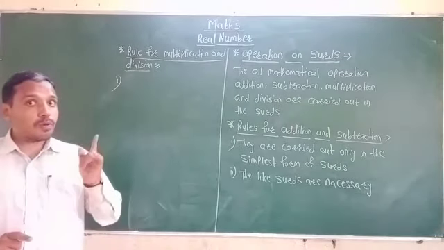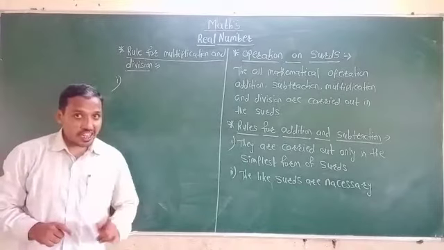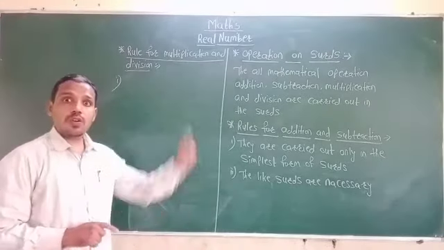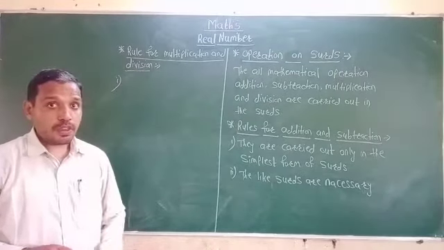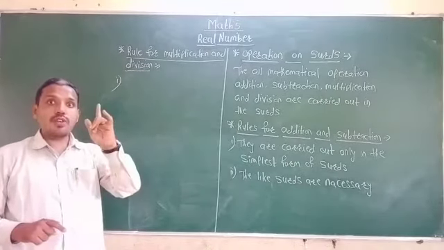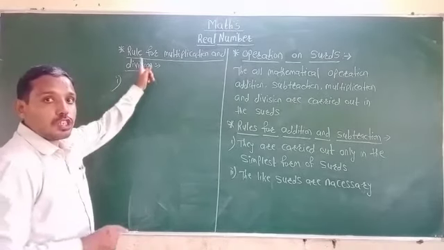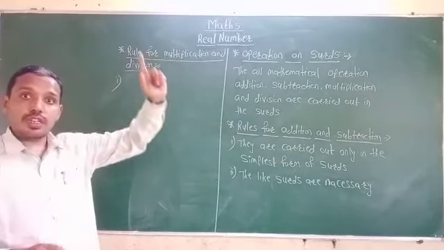If the order of each surd is the same, then we carry out the multiplication and division of the surds. This is the only important rule for multiplication and division in surds.